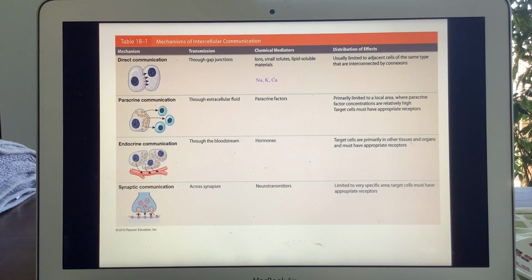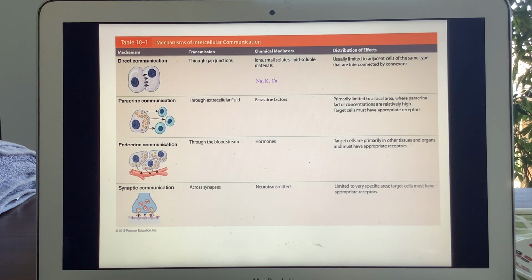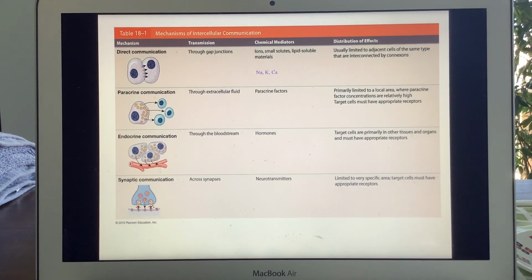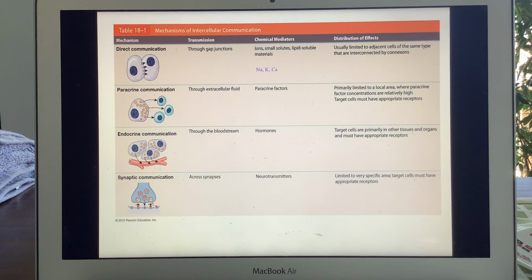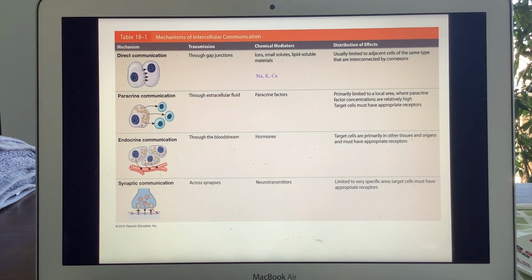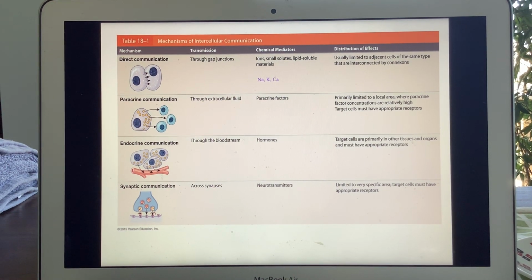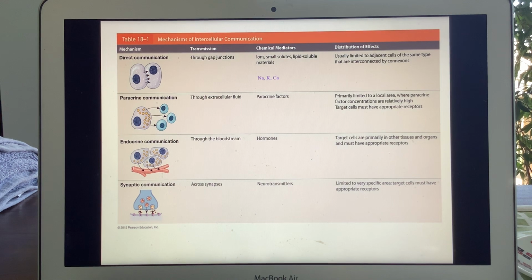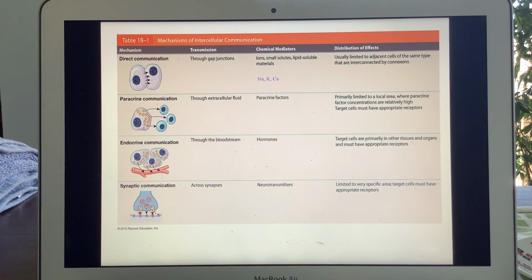When we talk about paracrine communication, we're going to have paracrine factors, there's a shocker, that are going to go through extracellular fluid. Most of the time, that's going to be interstitial fluid, or ISF.